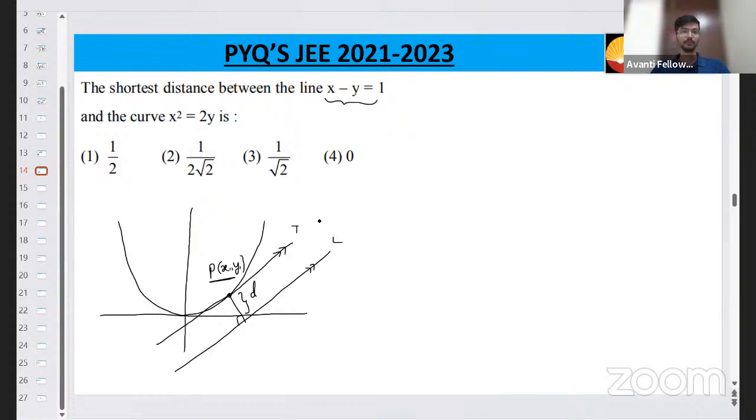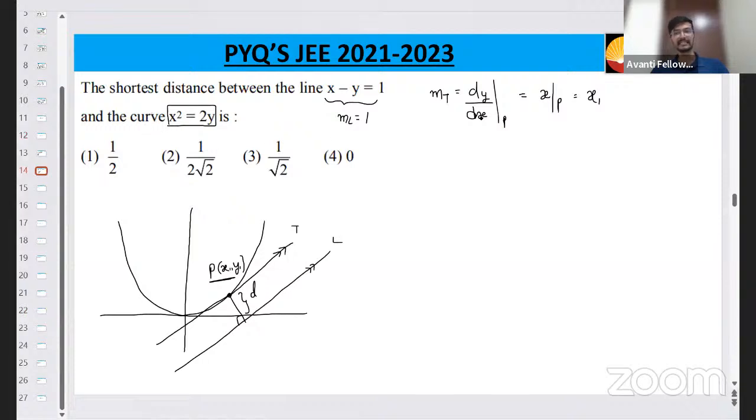So for point P, what we can do, guys? Here it is. The slope of the tangent and the slope of the line are the same. So what is the slope of the line? The slope of the line is 1. To get the slope of the tangent, we have to get dy by dx at point P. So if I try to find dy by dx, differentiate this. So we'll get x at point P, which is basically x1, right? 2x will be equal to 2 dy by dx.